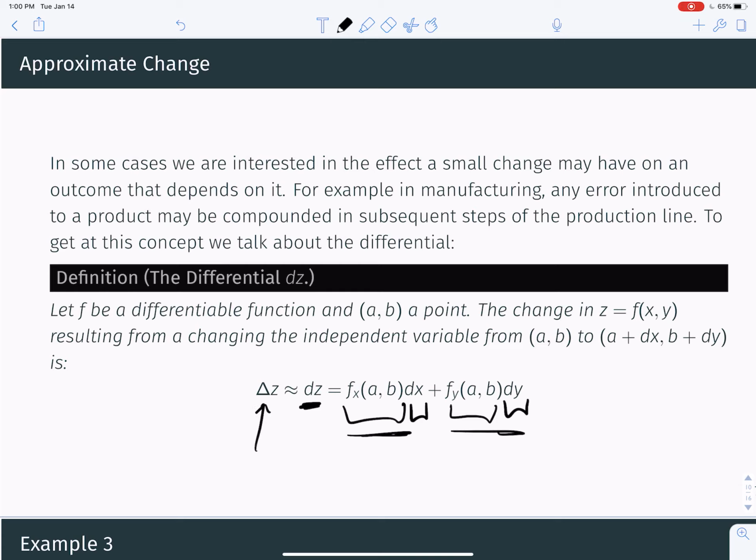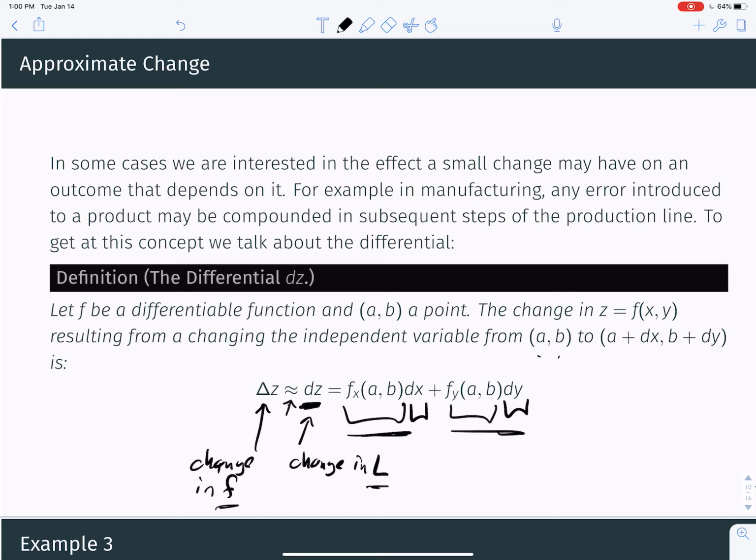Delta z is the actual change in the function. dz is the approximate change, or the change in the linearization. So this is really the change in L, and this is really the change in f, and they should be close to each other because the linearization should be close to the function, at least nearby the point where you started.